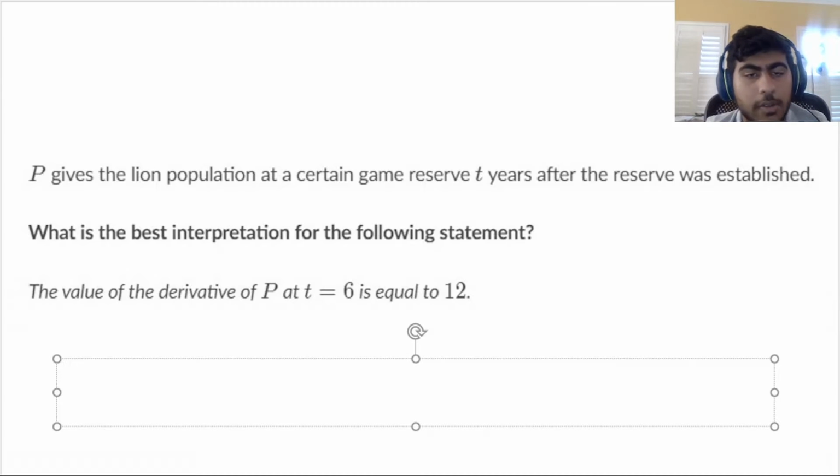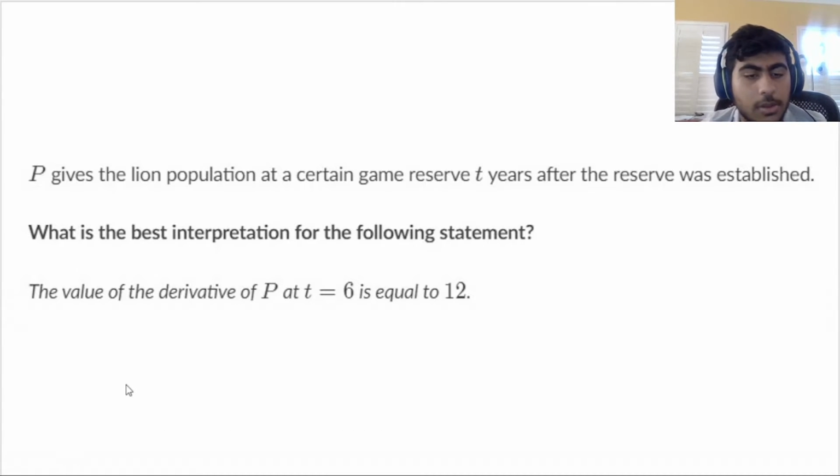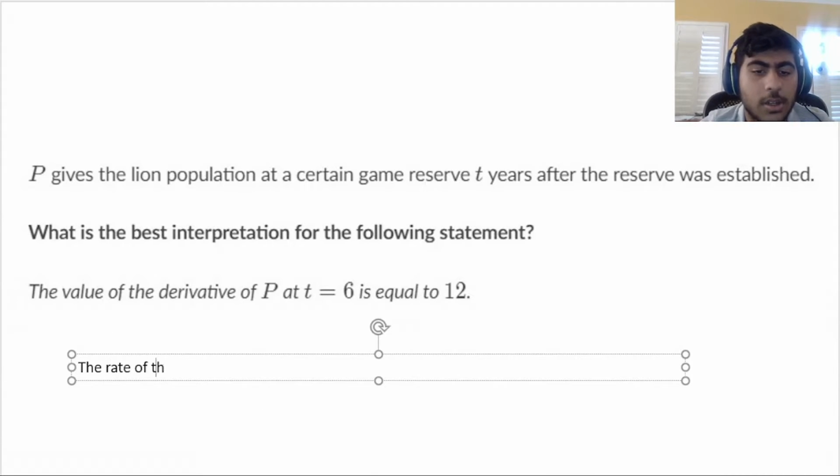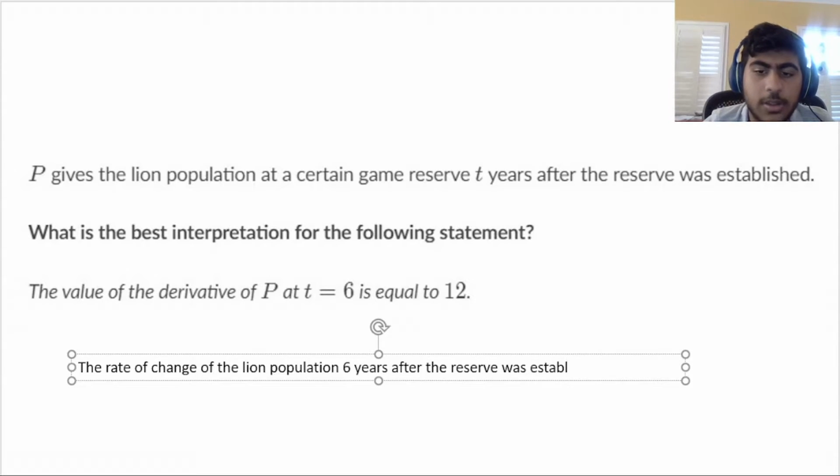The value of the derivative is the rate of change of P, the lion population, at t equals 6. T is in years, so it's 6 years. The rate of change of the lion population 6 years after the reserve was established is equal to 12. 12 what?